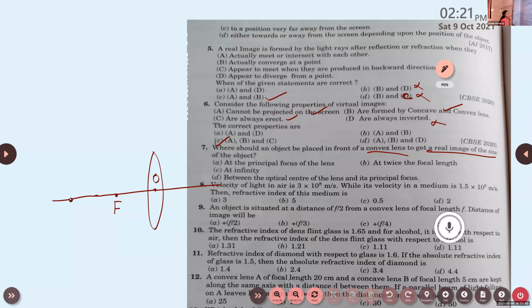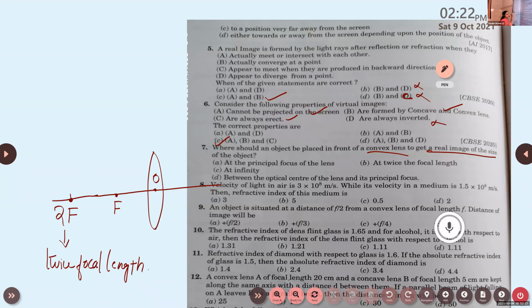After the principal focus, instead of center of curvature, in the case of a spherical lens we use another term. What is that? F1, 2F, F2. This 2F is known as twice the focal length. So whenever we place the object at the center of curvature in the case of a mirror, in the case of a spherical lens it is known as twice the focal length, 2F.